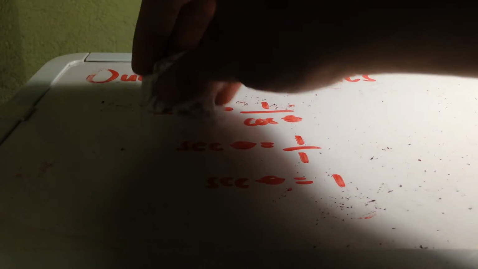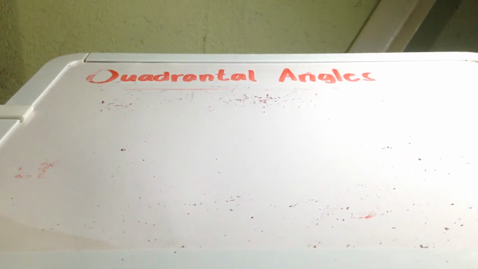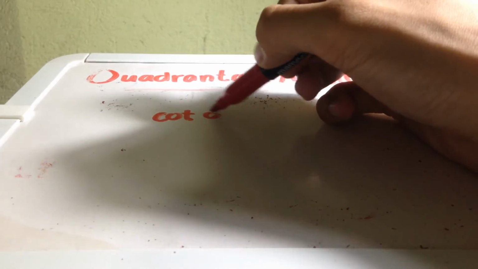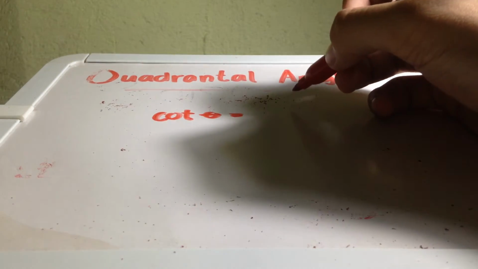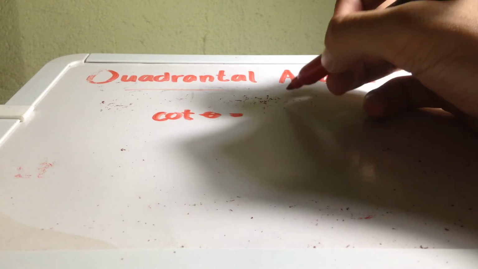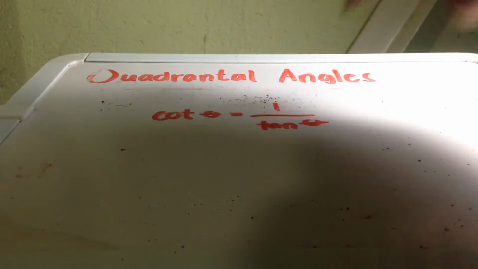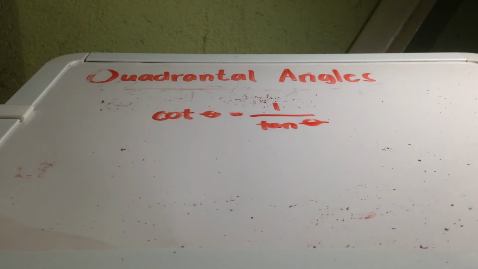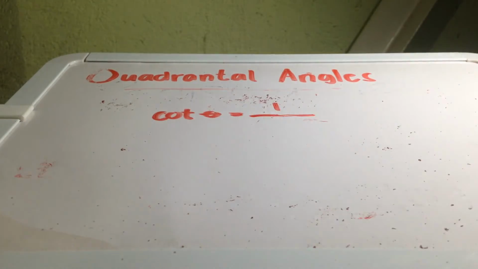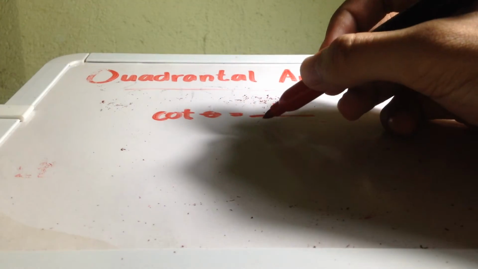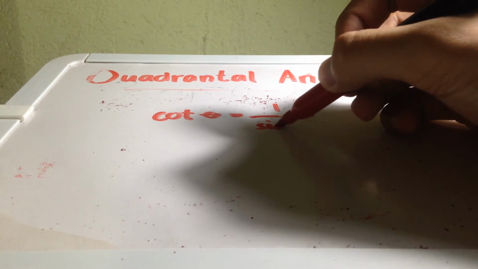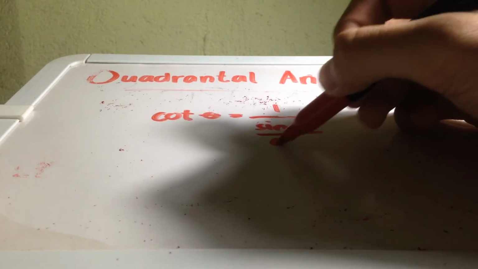And lastly, the cotangent theta is equals to the reciprocal of tangent theta. Earlier I've discussed how to get tangent theta. If you can remember, we replace tangent theta with sine theta over cosine theta.